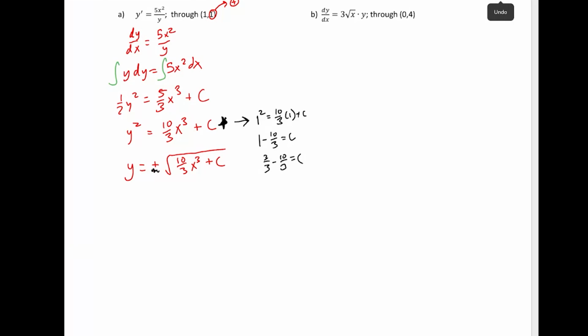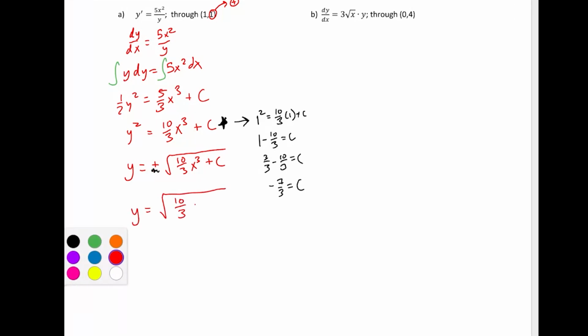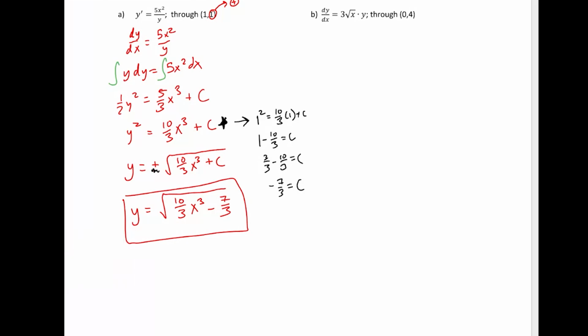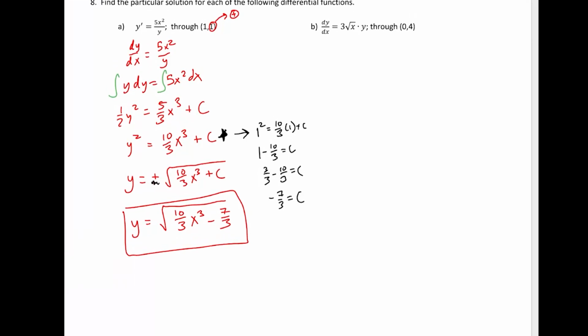And so we get -7/3 is c. So y is going to be the square root of 10/3 x cubed minus 7/3. Not too bad. Yeah, no u substitution or anything necessary on that one.